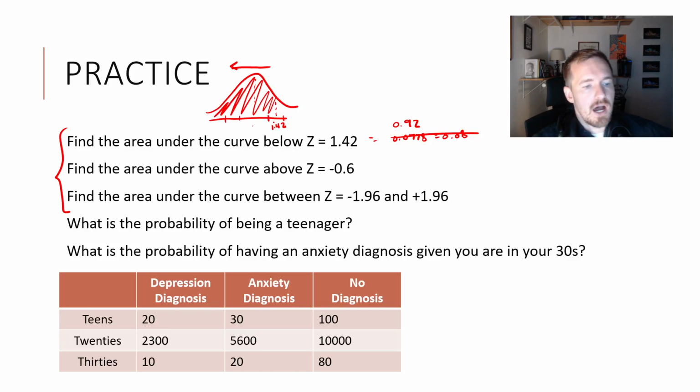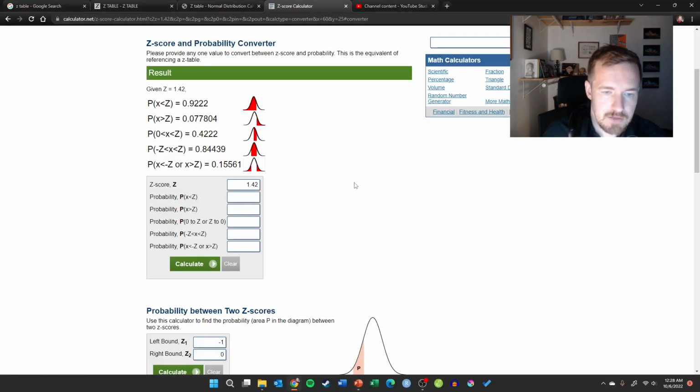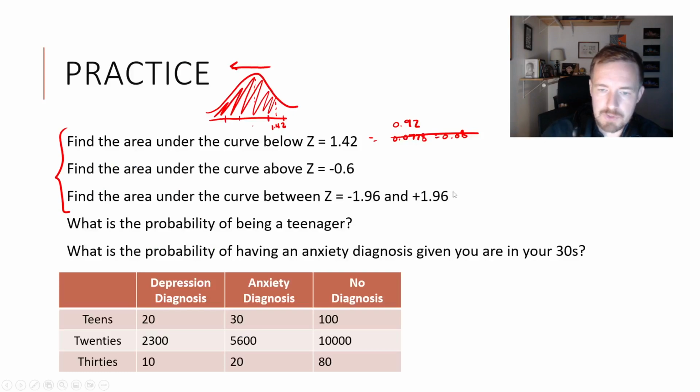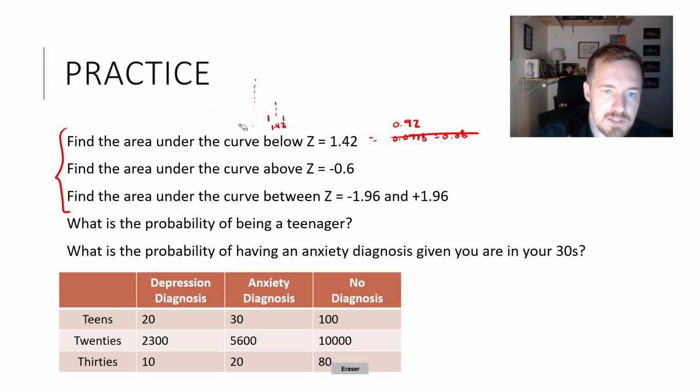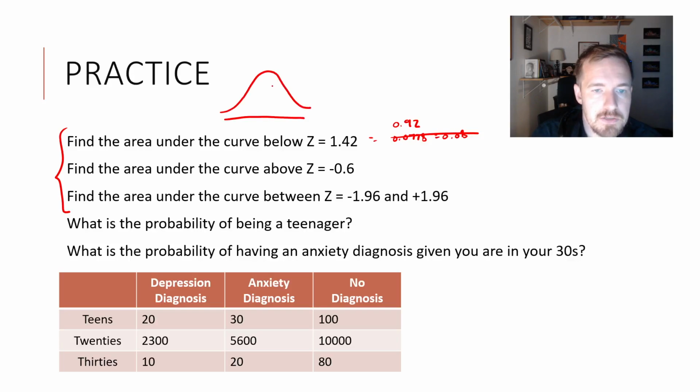All right. So the next piece here, find the area under the curve for z equals 0.6. So let's find that out. Before I do that, I'm going to continue drawing out a distribution, because it saved my butt on that previous one. So here we go: 0, -1, +1, -2, +2. All right, so area above negative 0.6.